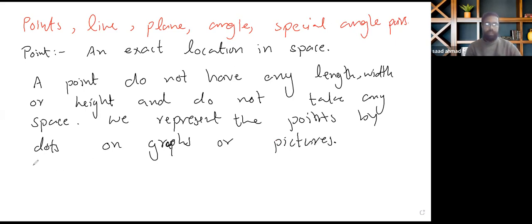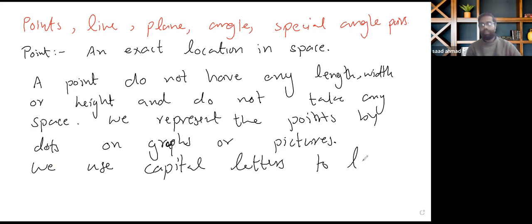And we use capital letters to label them. Like, let's say, for example, this. Let's say we have an XY plane, right? And so this is our XY plane.